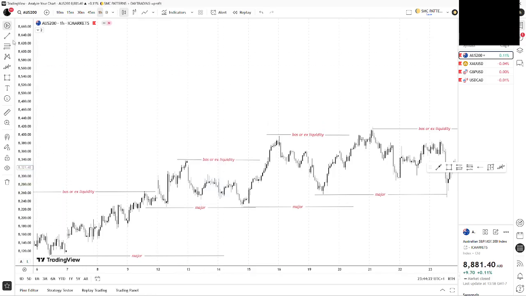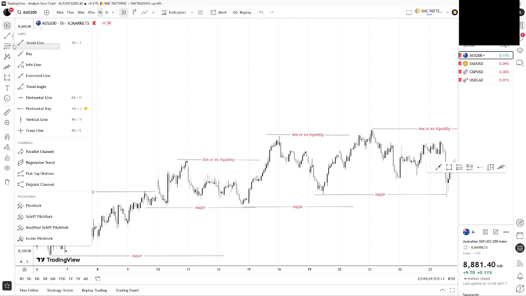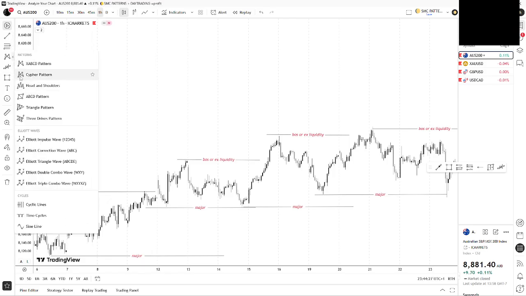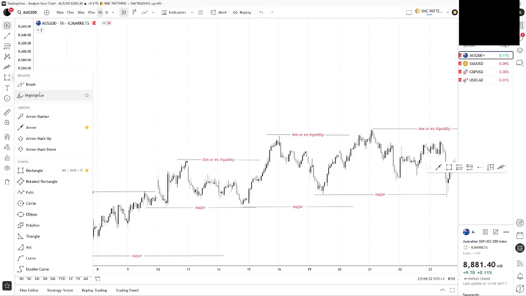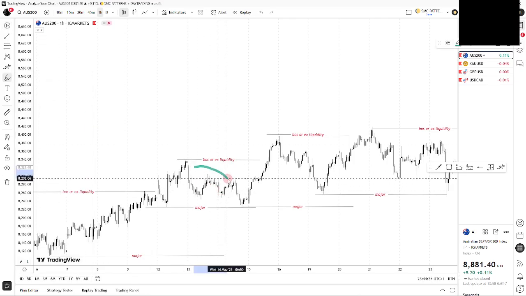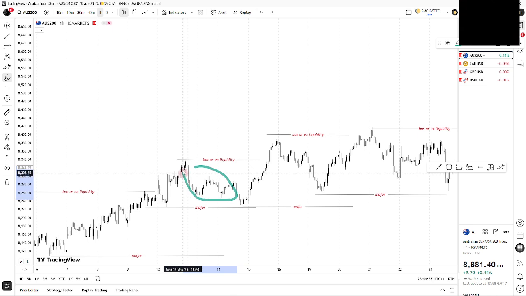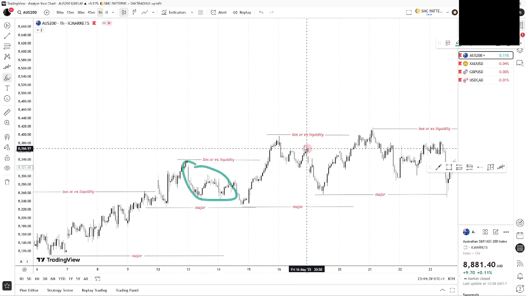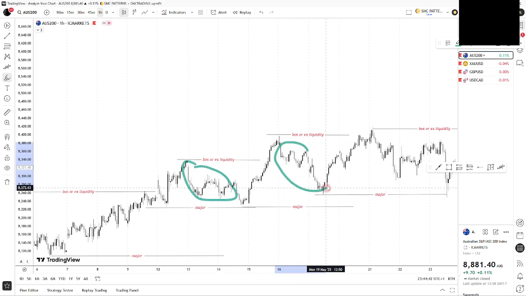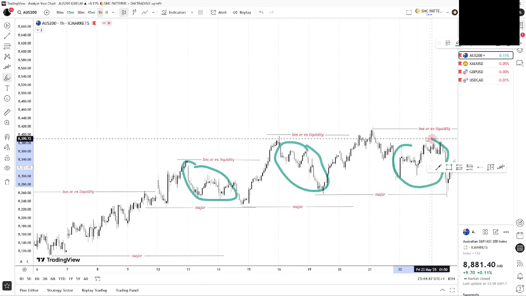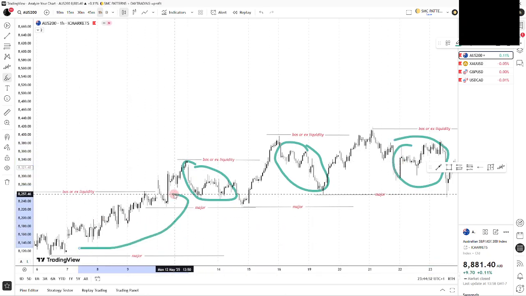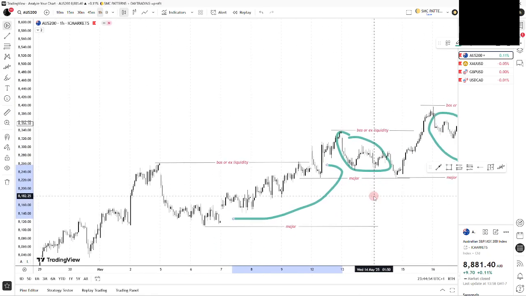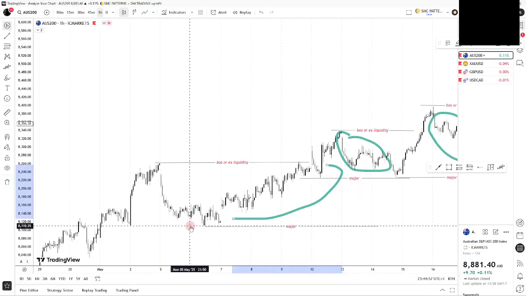Let me mark it out so you get the whole idea. Whatever happens inside this range is towards a bullish trend. It's still a bullish trend.